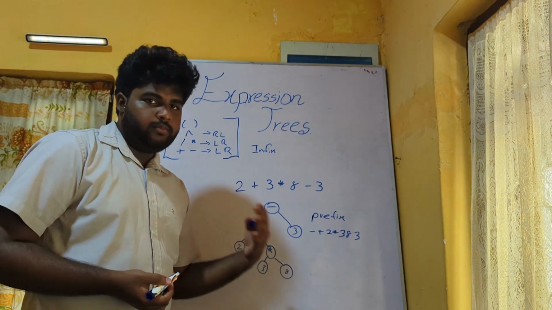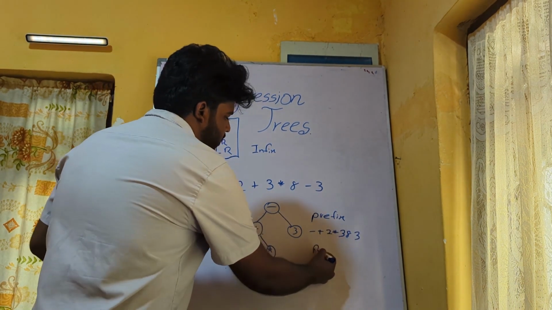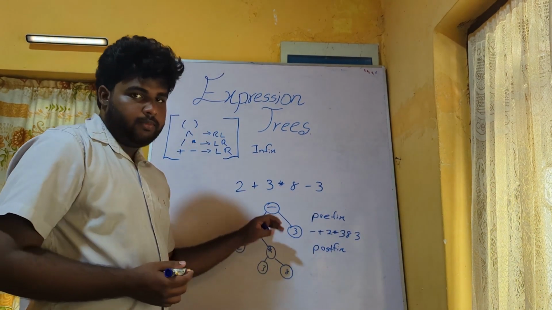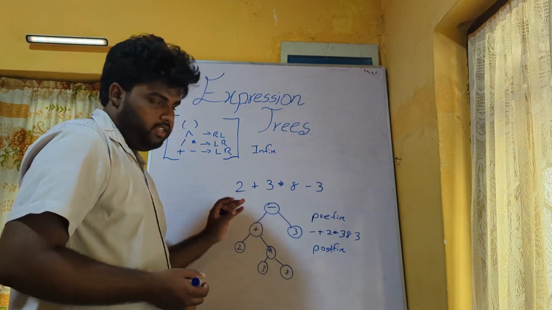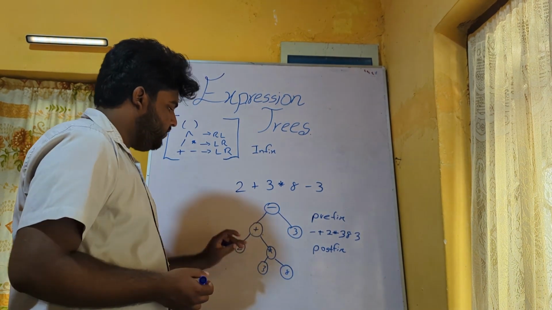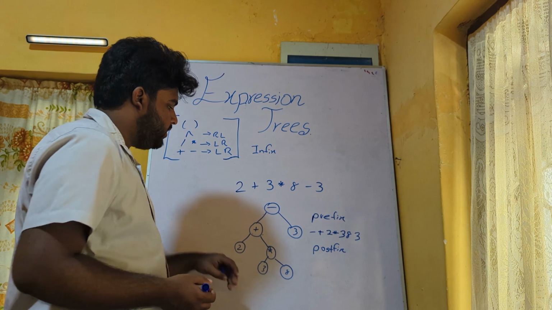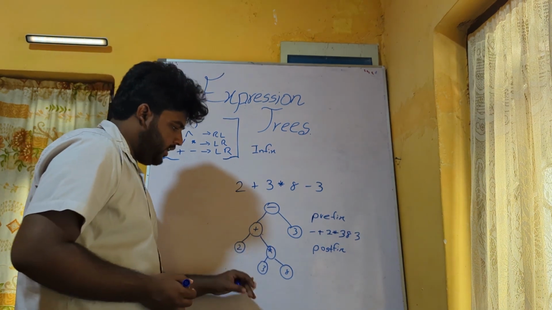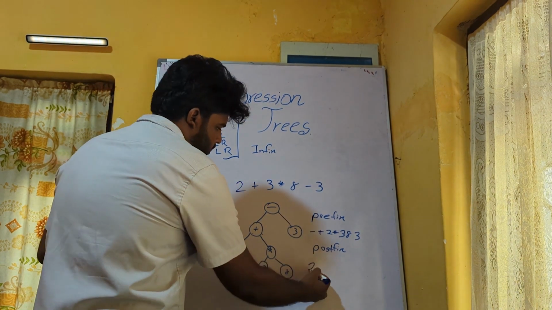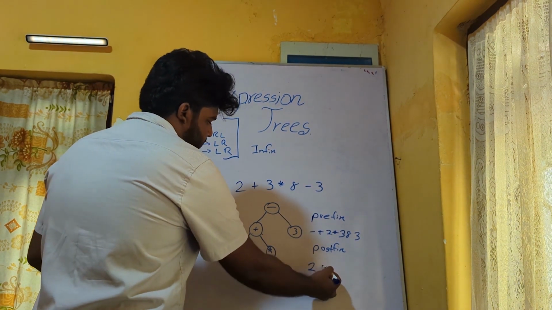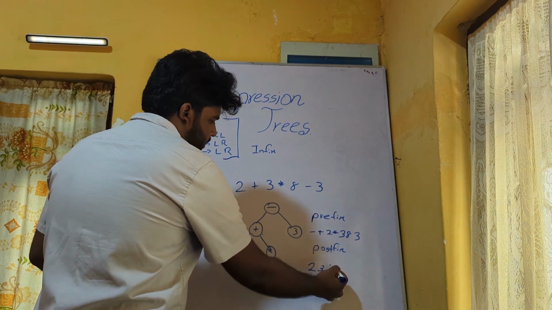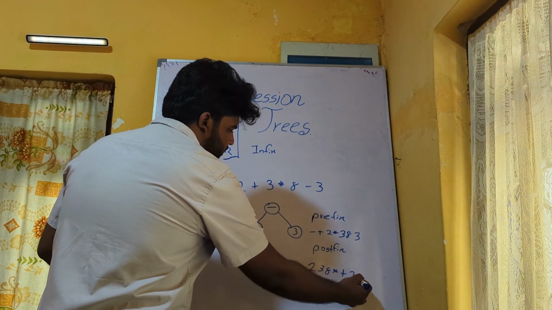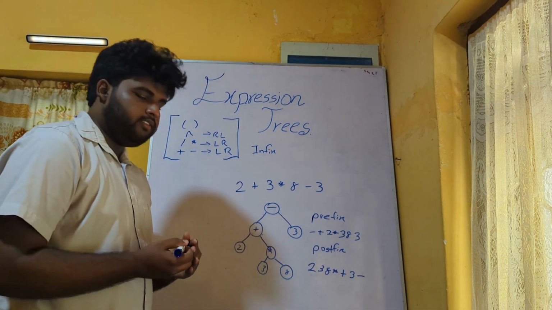And in order to get the postfix expression, all we need to do is do the tree traversal but in the post order, which means starting from the left, go to right and then root. So here we write 2 and then 3, 8, multiplication, addition, 3 and minus.